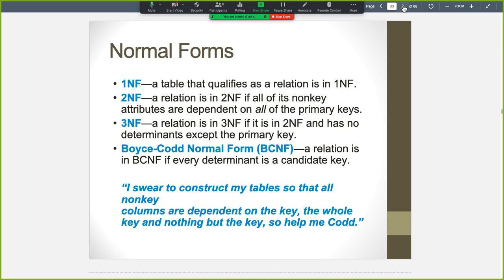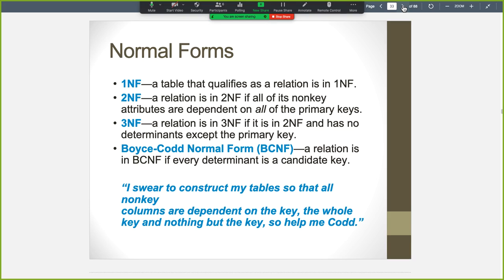Third normal form is when your table is in the second normal form, and there is only one primary key and no other candidate key. That's called the third normal form. And BCNF, or Boyce-Codd normal form, is a relation where every determinant is a candidate key. So there is no non-candidate key determinant.